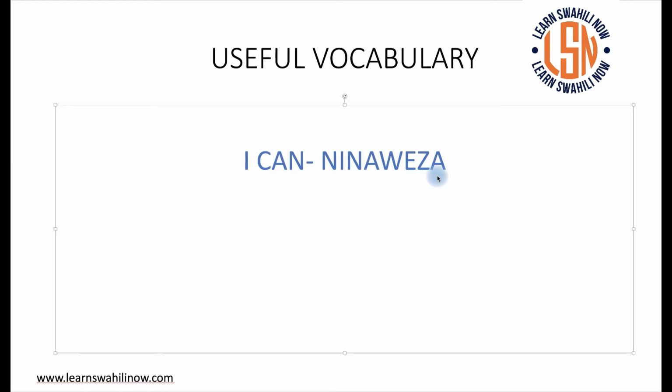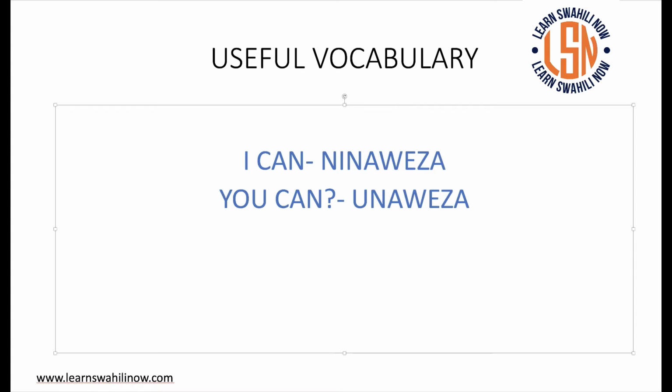What we have simply done is take the root verb weza and affix it according to our formula, STOV, but we do not have an object right now, so it's just going to be subject, tense, and verb, okay? So ninaweza. How about you can? Did you say unaweza? Excellent.